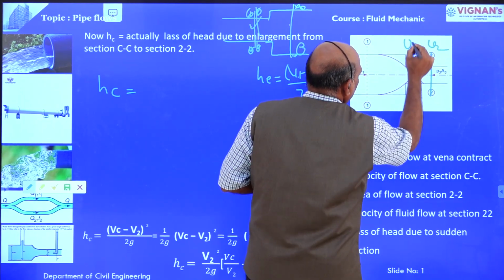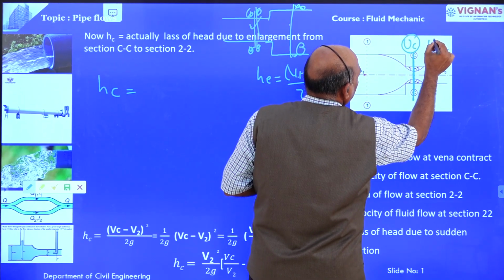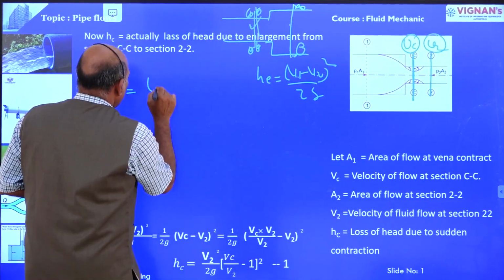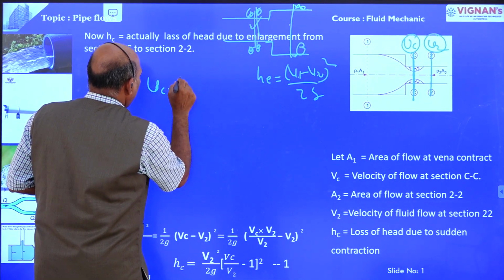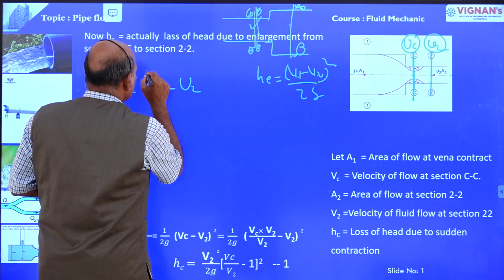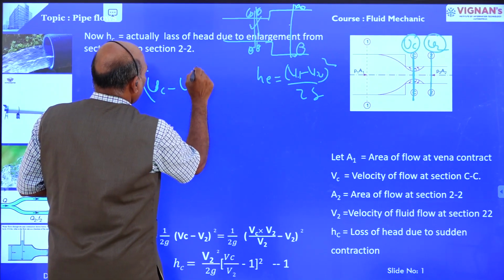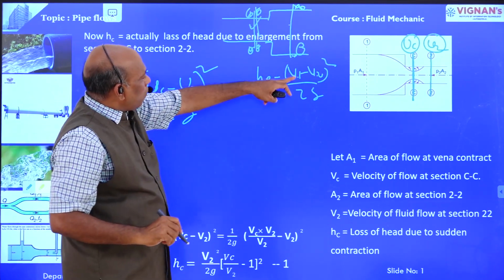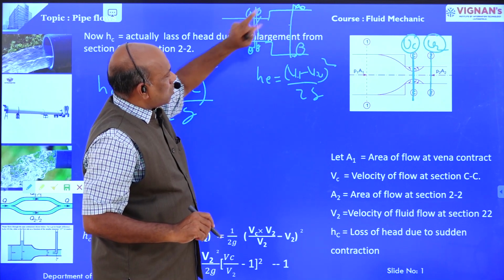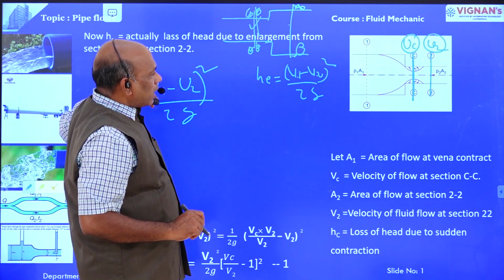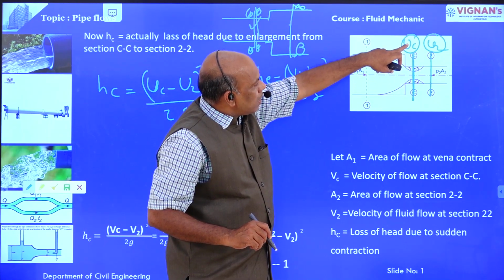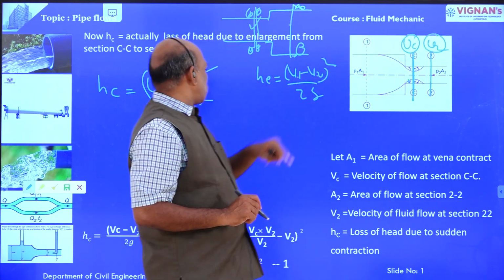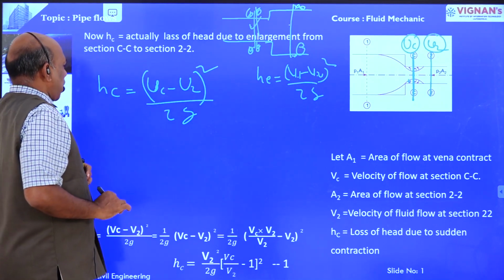Here for expansion V1 is at section 1-1, but in the case of contraction, Vc is the velocity at the vena contracta and V2 is the velocity at section 2-2. This is the formula we have.